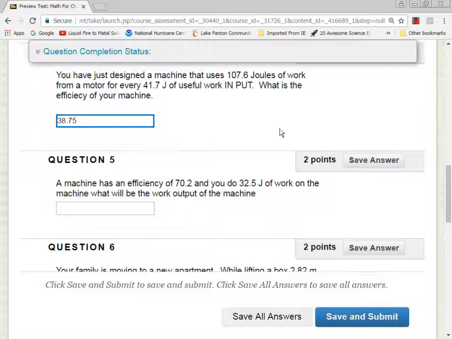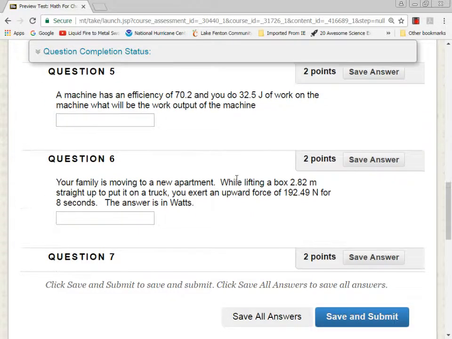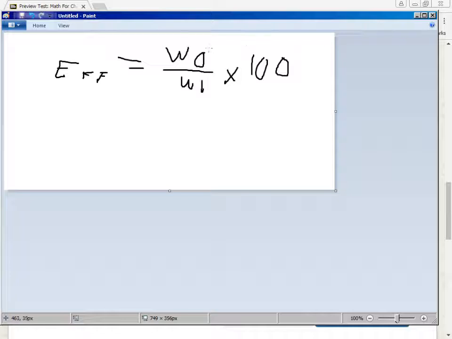And that's it. Okay, a machine has an efficiency of 70.2, and what will the work output be? Ladies and gentlemen, once again, we're solving for work output, right?